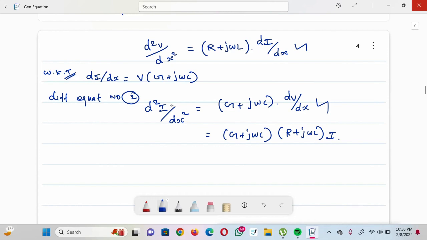Next we are going to calculate the propagation constant.